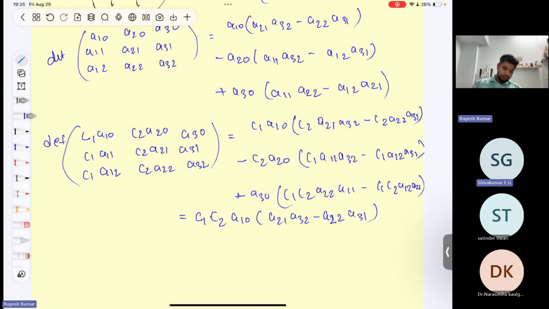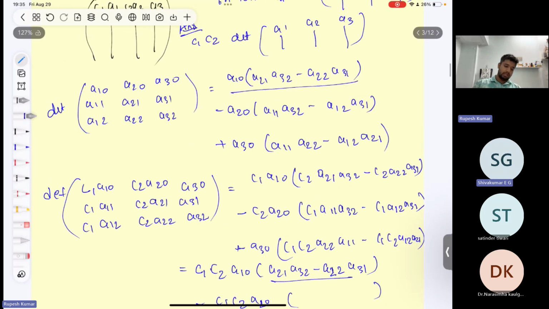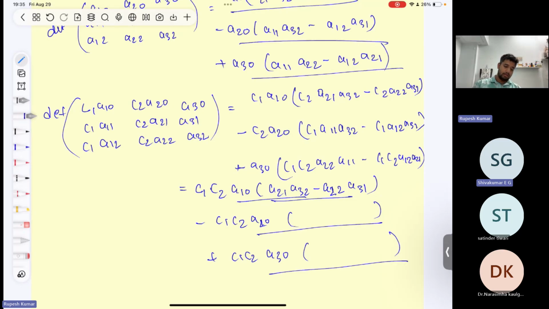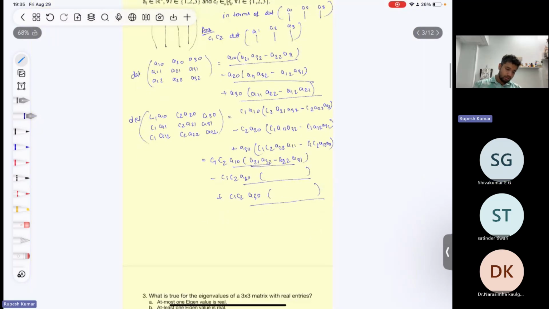Minus, again take C1 out, so you get C1, C2 into A20 into the same quantity, plus C1, C2 is coming out, A30 into some quantity, right? Now, when you check these quantities, these are the same quantities that appear in the determinant of that matrix. So you can always safely say, hence proven, that these are the same. So our result is the same. So this means the determinant equals C1 into C2 into determinant of A1, A2, and A3.